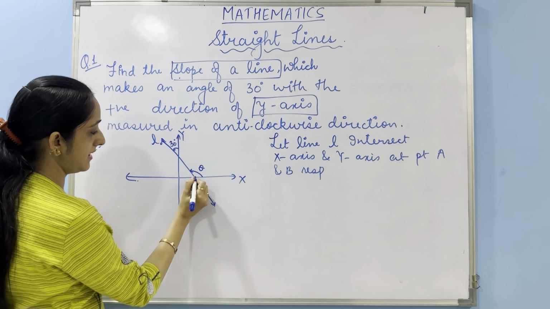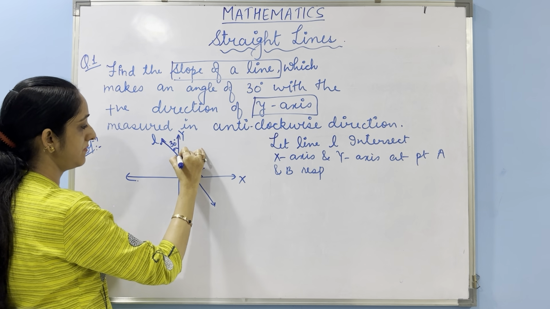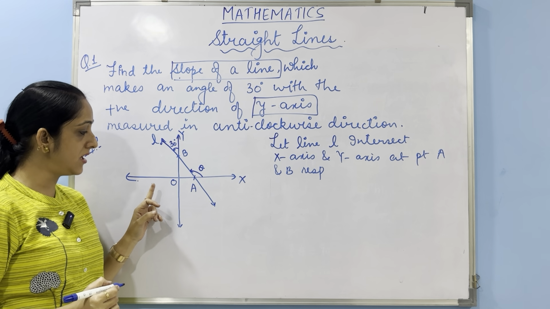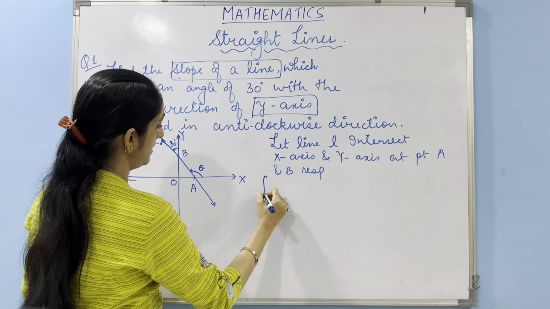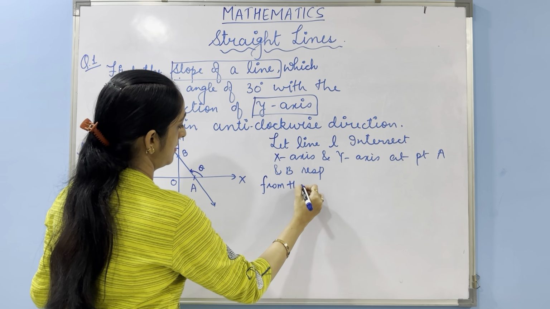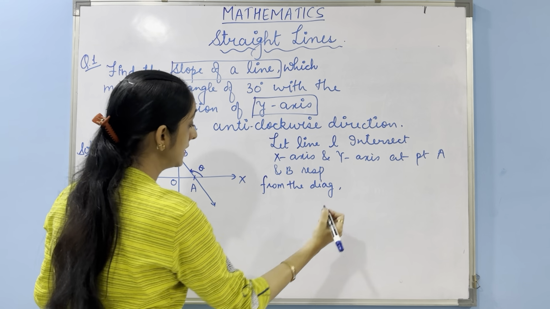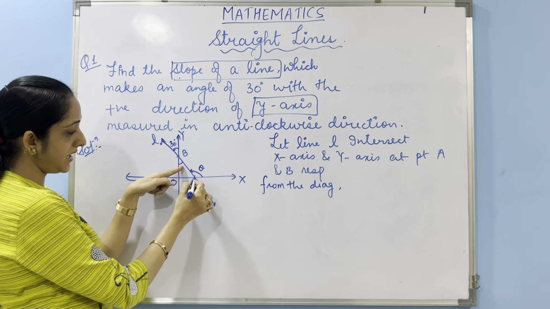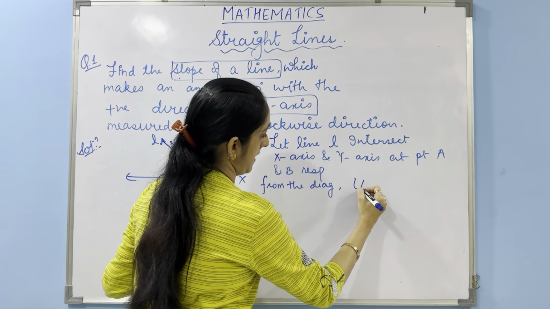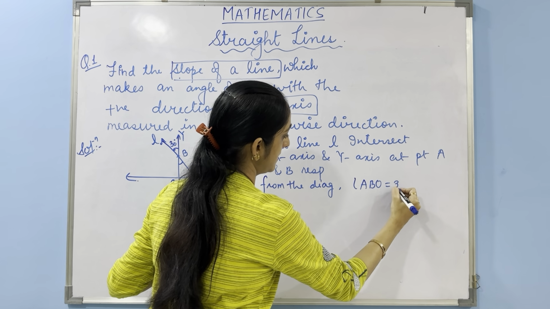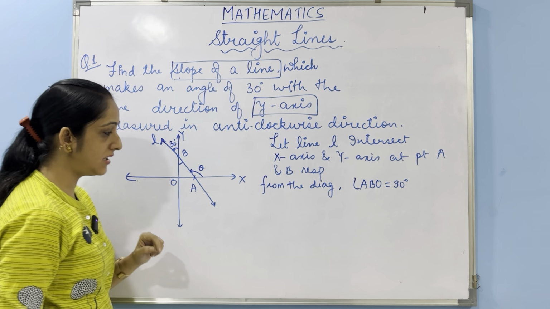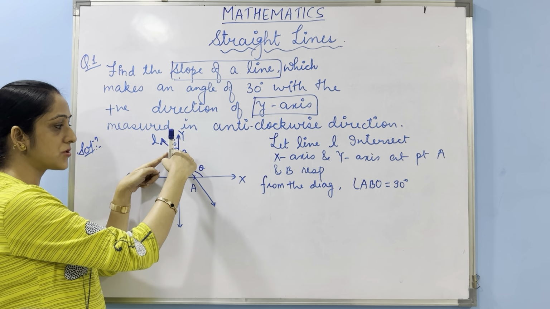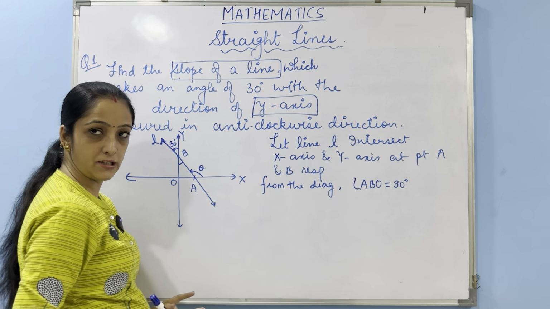So it is intersecting the x-axis at point A and the y-axis at point B, and this is the origin, so let's represent it by O. Now from the diagram we can clearly see that angle ABO is 30 degrees. And why is it 30 degrees? The reason is that angle ABO is vertically opposite to this 30 degree angle. That is why this is also 30 degrees.